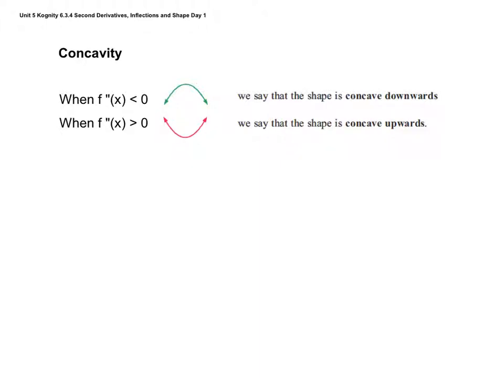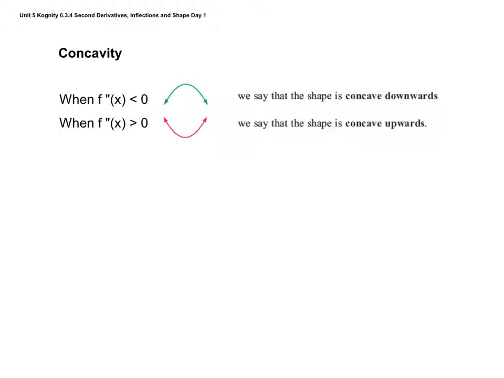So now that we've reviewed a little bit of actually getting the second derivative, let's talk about what it's used for. Yay. The first derivative tells us direction. Okay? Are we going in a positive direction, increasing, or are we going in a negative direction, decreasing? Okay? The second derivative is what we call concavity.